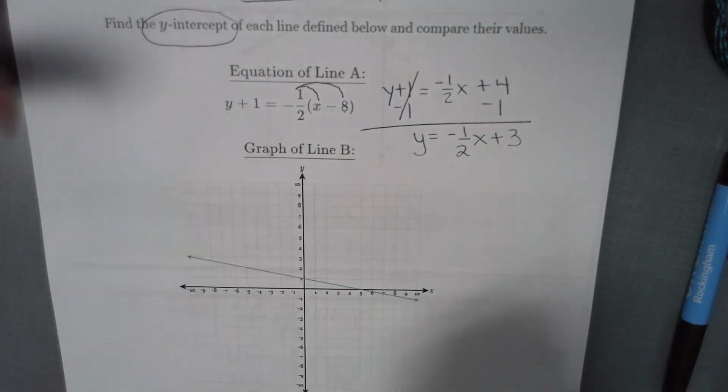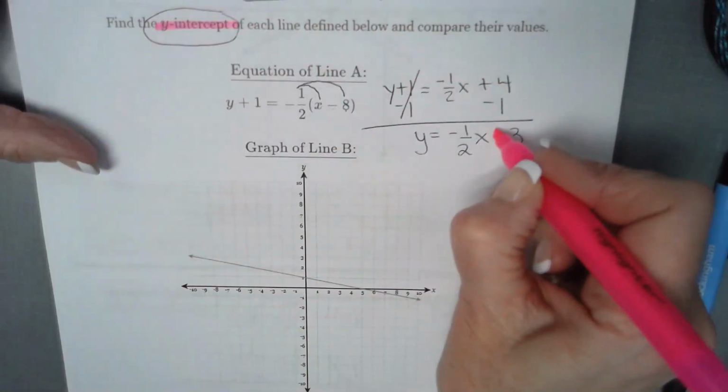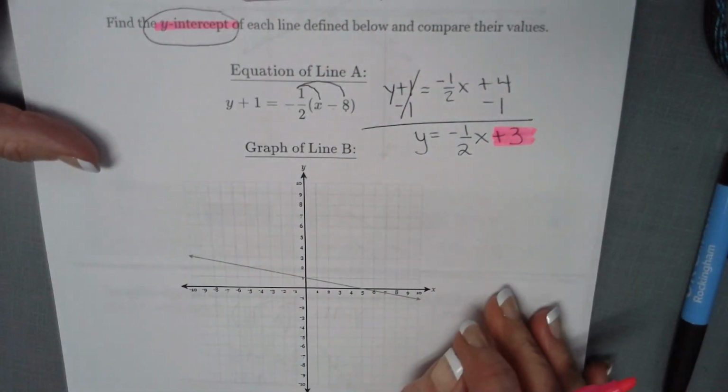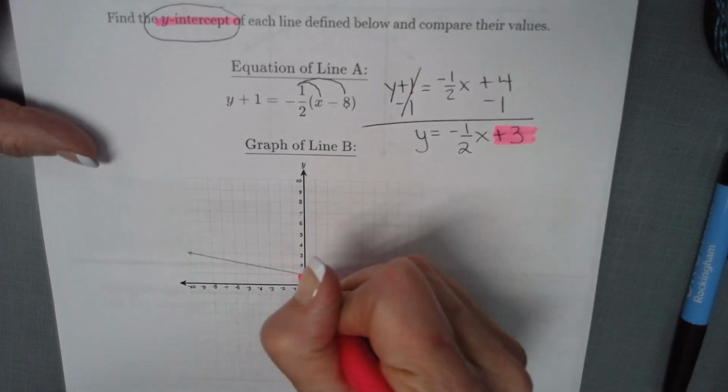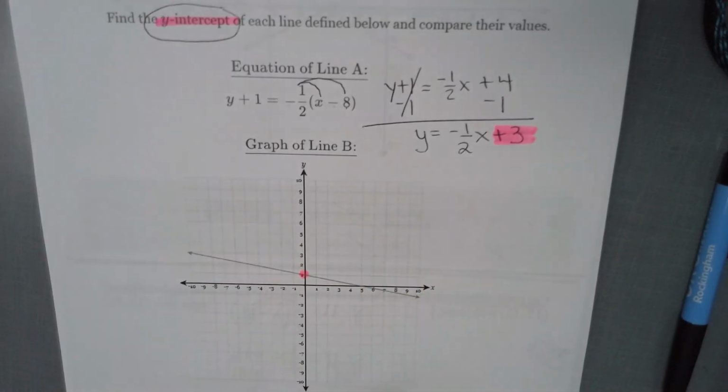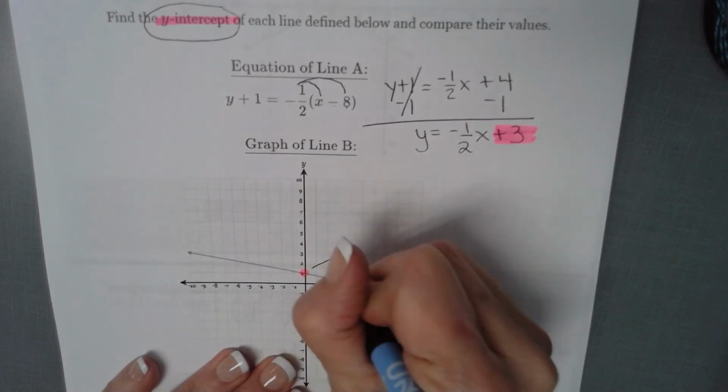And notice, y-intercept is now right there. Y-intercept here, pull it right off the graph. So my y-intercept here is 1.